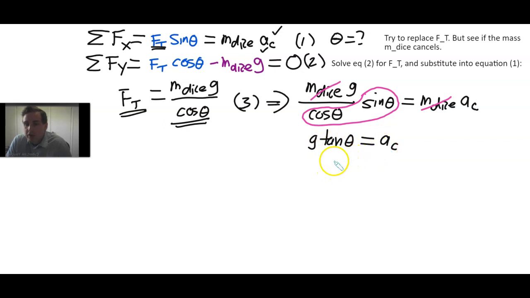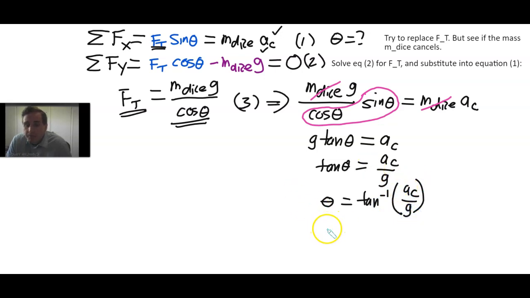So we need to divide by g. So tan theta is AC over g. And then theta is going to be the inverse tangent of AC divided by g.